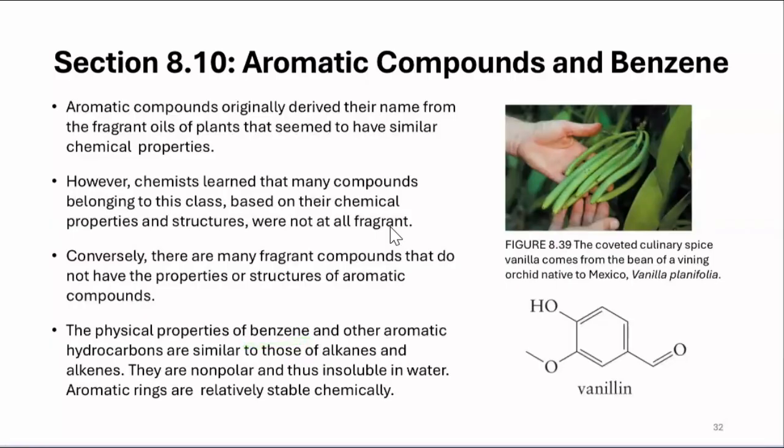We learned before that aromatic compounds are going to have a benzene ring, meaning a hexagon of alternating double bonds and single bonds, as you can see in the molecule of vanillin on the right side of the slide.